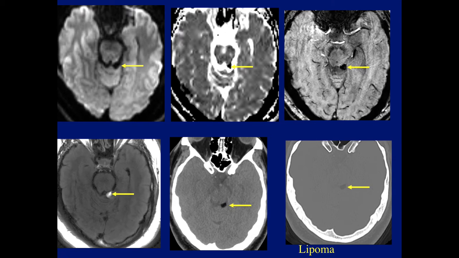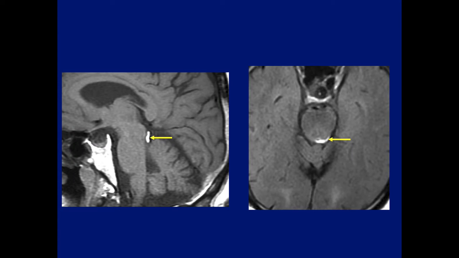And this was a small lipoma. Again, no symptoms of a fourth nerve palsy. And this was another lipoma. Again, no evidence of fourth nerve symptomatology.